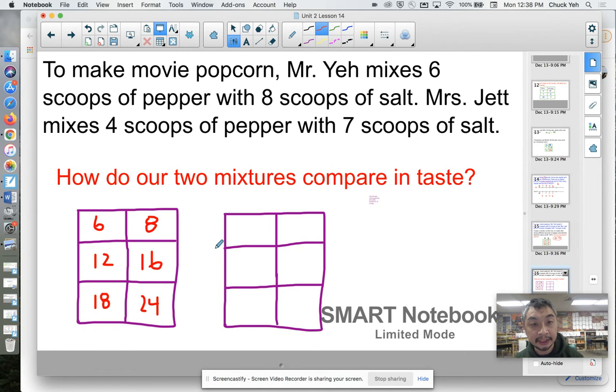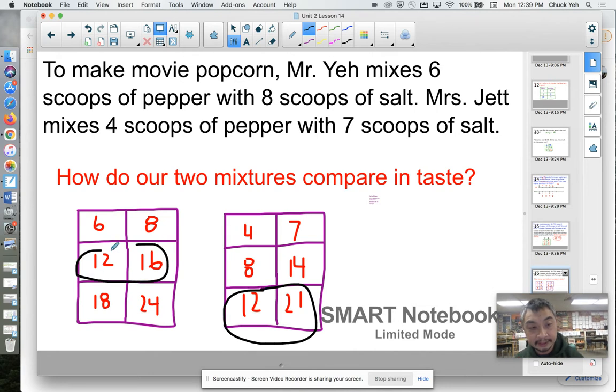And then for Mrs. Jet, I'm going to put 4 to 7. And then 8 to 14, 12 to 21. So do we have a ratio that's the same? At least one number? Either on the left side or right side? Yes, we do. 12 and 21 and 12 and 16.